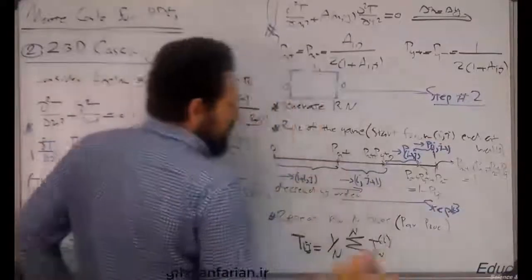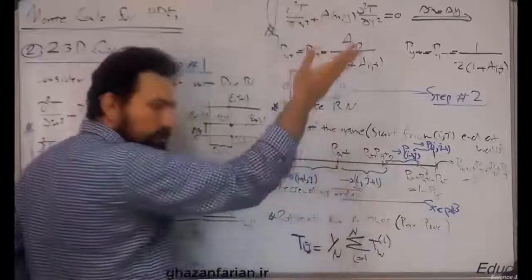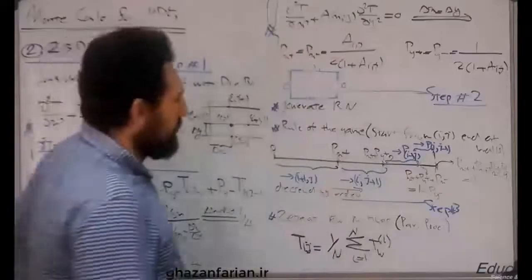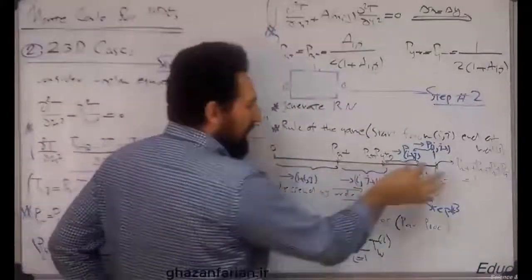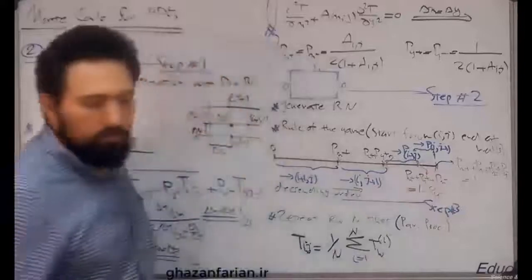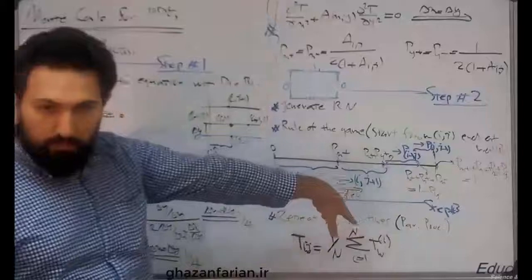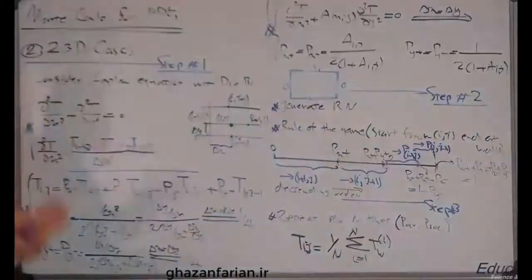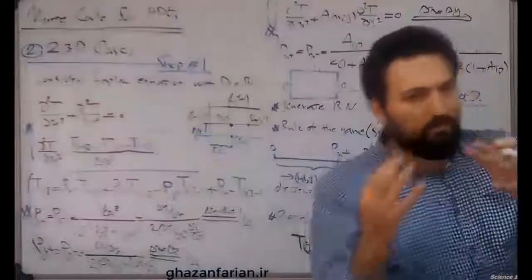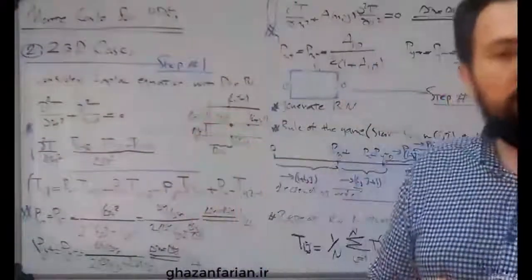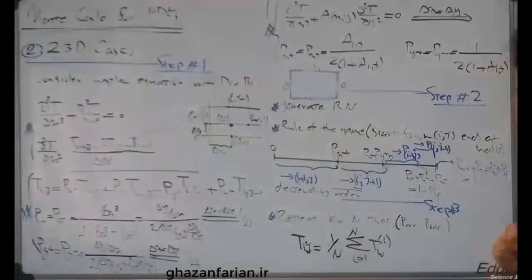If the random number falls in the second interval, you have to go to the upper node, the third interval to the left node, and the last interval to i, j minus 1, the lower node in the grid. This is the rule of the game of the motion of the random walker, or the traveling of the random walker between the nodes in the grid, the Monte Carlo grid.